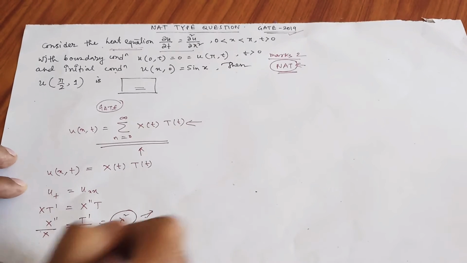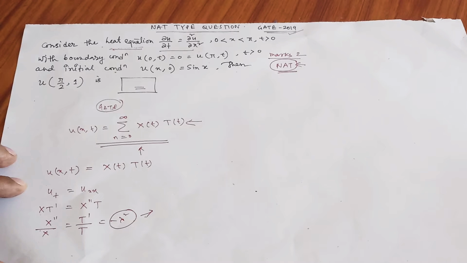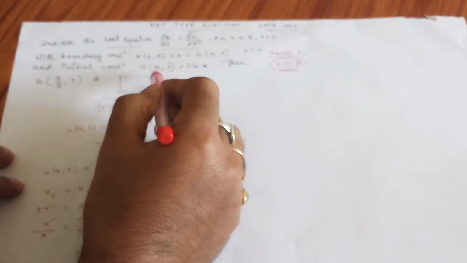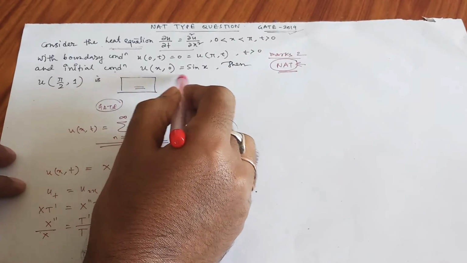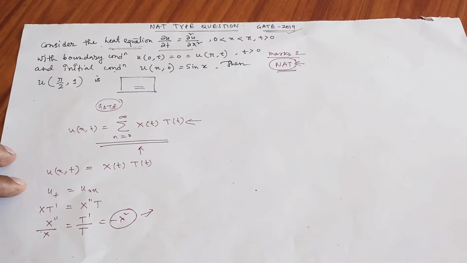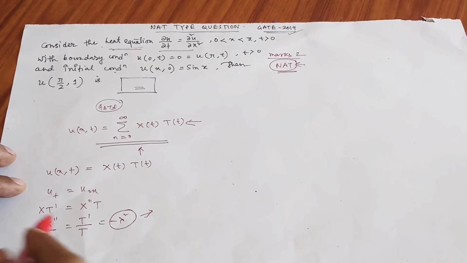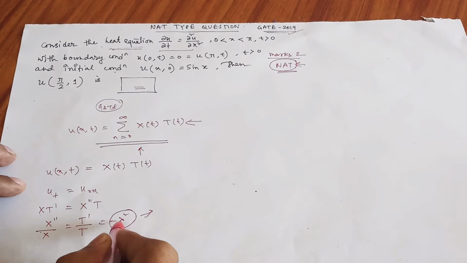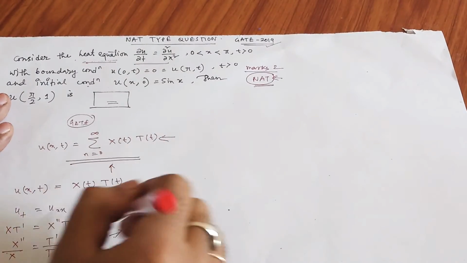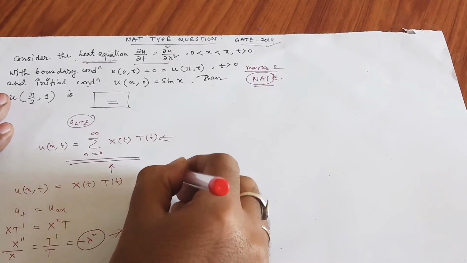Why minus lambda square? Whenever you get the solution, you will get the flavor why I have taken minus lambda square, because you need to satisfy the conditions as well while solving such problems. That's why you need to practice more and more questions to get the idea whether you need to take here minus lambda square or plus lambda square.